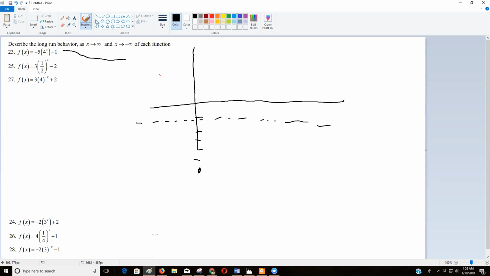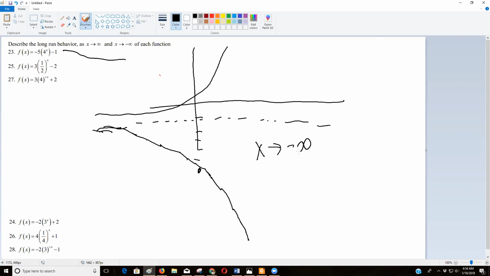So this graph, being an exponential growth function, normally would look like this. And since it's been reflected around the x-axis, it's going to look something like this. So as x approaches -infinity, the graph is approaching that horizontal asymptote, so y approaches -1.